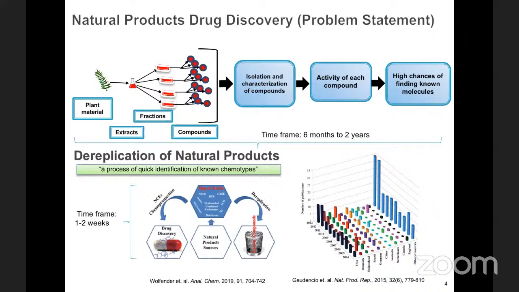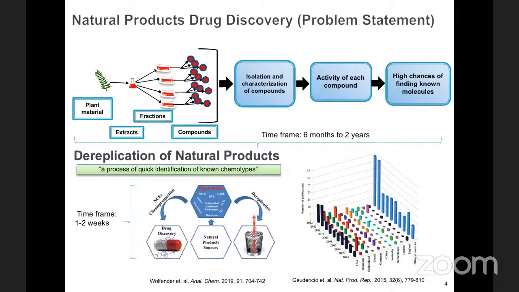The bar has been increasing from 2004 to 2013, as the number of publications on de-replication has increased, showing that people are following this technique a lot in natural product research. We will discuss these methods in the coming slides.